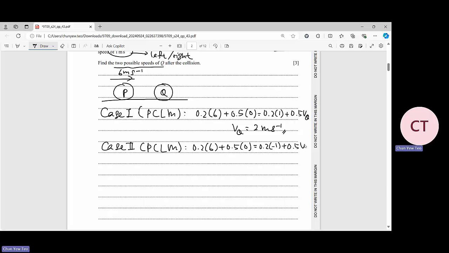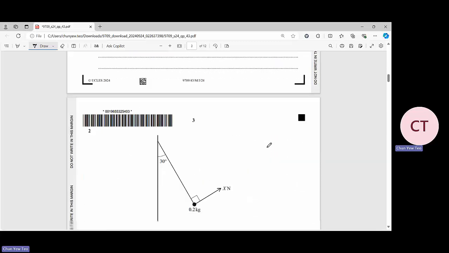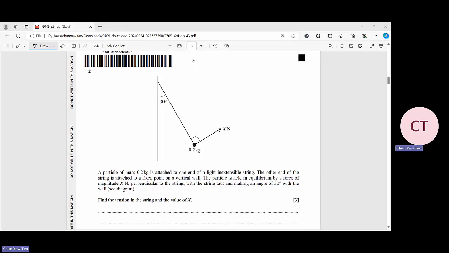This is 0.5 vQ. Then we can find that vQ is actually 2.8 meters per second. Just like that, done. So therefore, these are the two possibilities of the speed of Q after the collision. That's all done. Okay, moving on, we have question number 2.